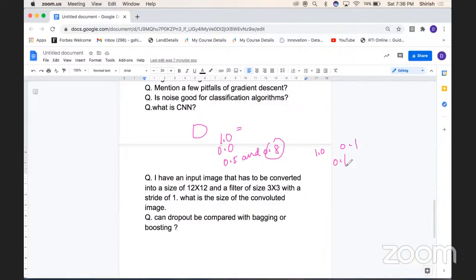And one more technique you can follow is batch normalization. Batch normalization is a technique for improving the performance as well as the stability of the neural network. So what is the main idea behind batch normalization?